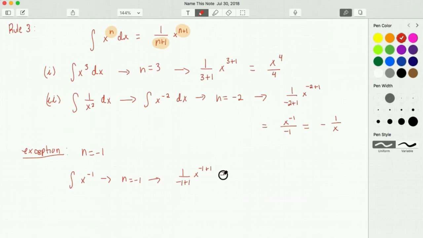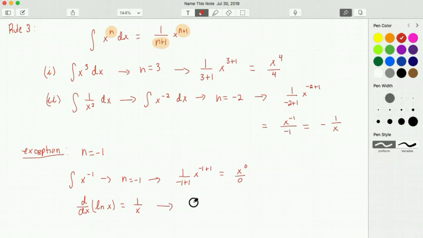Something that you should notice here is that we have x to the 0 over 0, and we know that we cannot have a 0 in the denominator. So for this one, what we have is a very special rule that we have to be able to recognize: the derivative with respect to x of the function ln of x is equal to 1 over x.